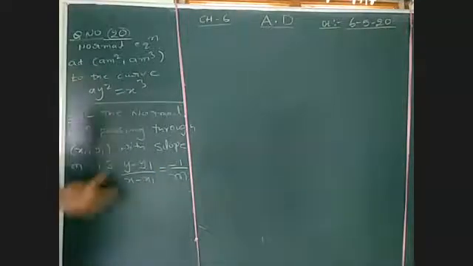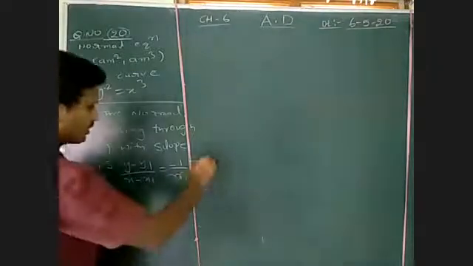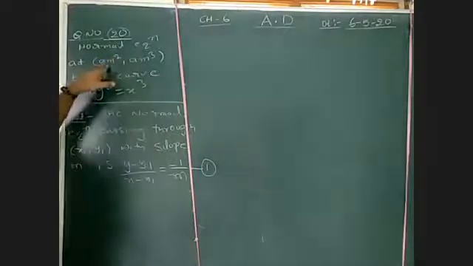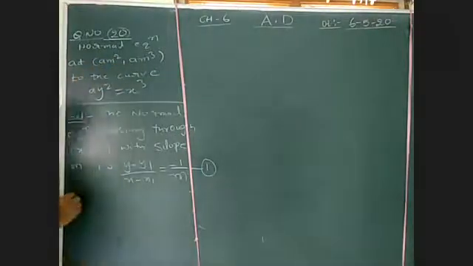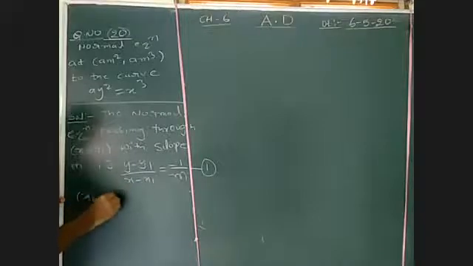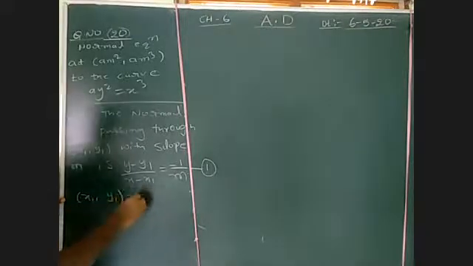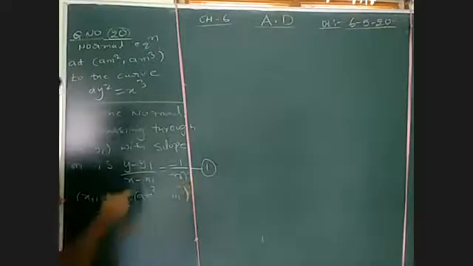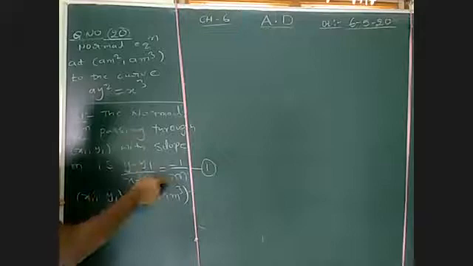Okay, this is the equation of normal. Let us take this as equation 1. So x1, y1 is the already given point: x1 comma y1 is equal to a m square comma a m cube.